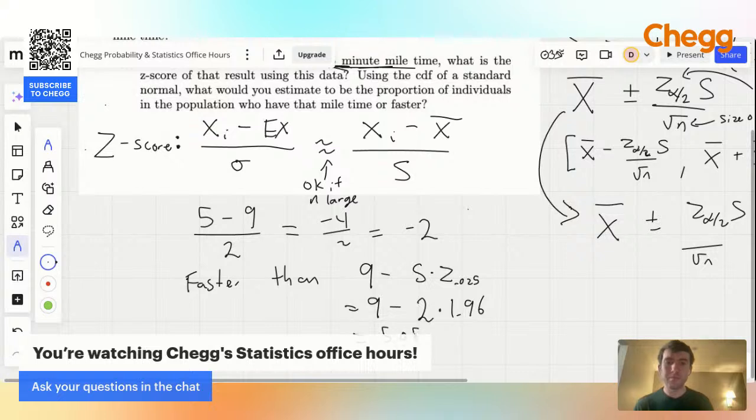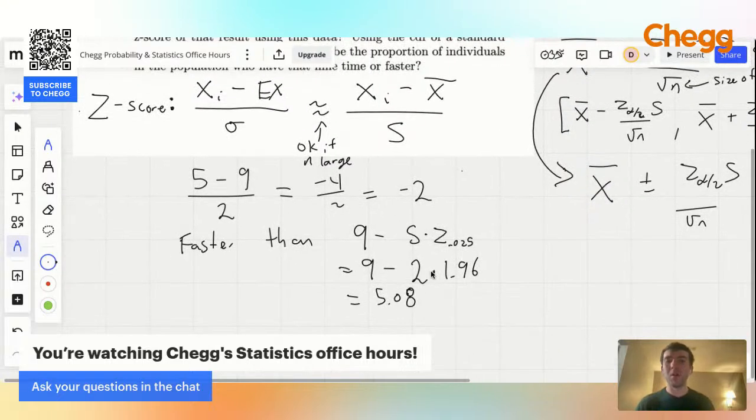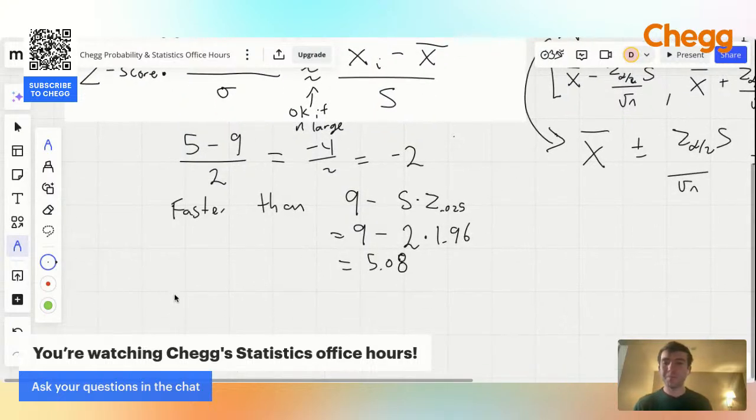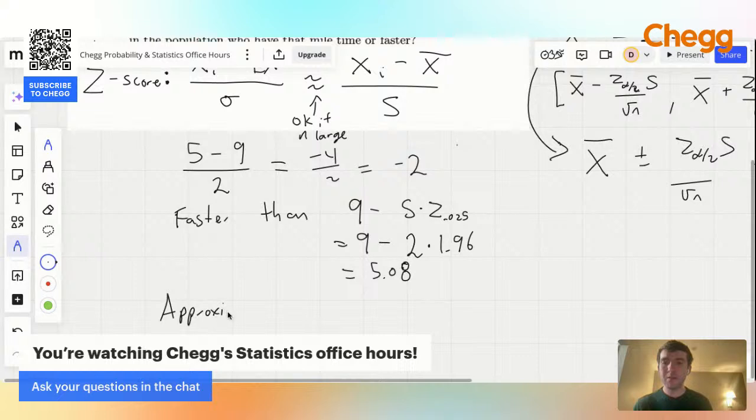The significance of this is the approximation that there is about a 0.025 probability that a random person has a mile time less than 9 minus 2 times z 0.025.